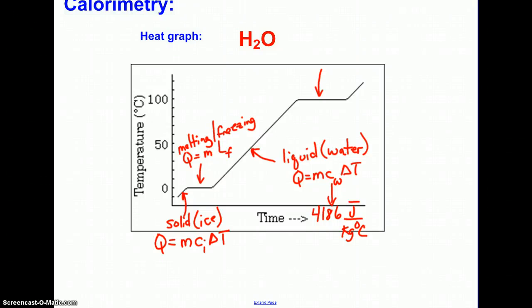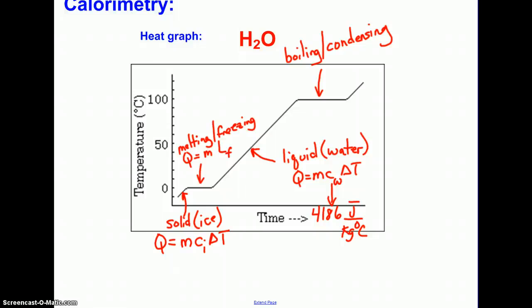Our next stage is we're adding heat to the H2O to change its state, and this would be boiling the water if you're going up the heat graph, or condensing the water if going down the heat graph. Because you're changing state, you're not changing the temperature.